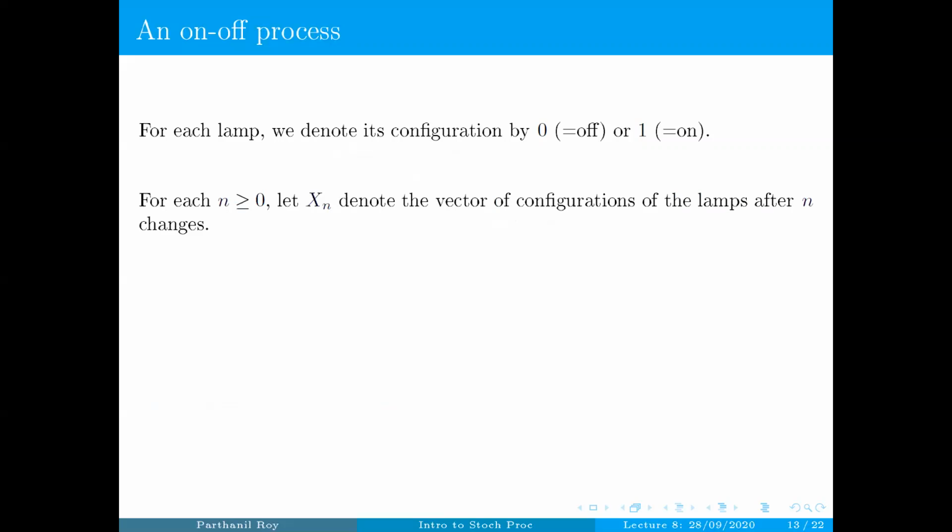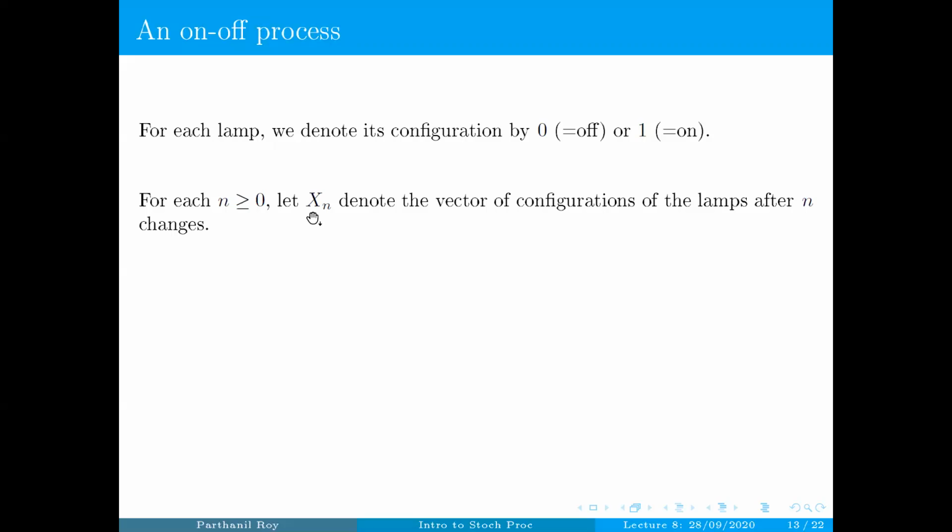Now for each n bigger than or equal to 0, for each non-negative integer n, let X_n denote the vector of configuration of the lamps after n changes. So n changes meaning, first you choose one of the lamps at random and you change the state of that lamp, from off to on. Initially everything was off. That's the first change. Then you choose another one at random and change the configuration of that lamp. That's the second change and so on.